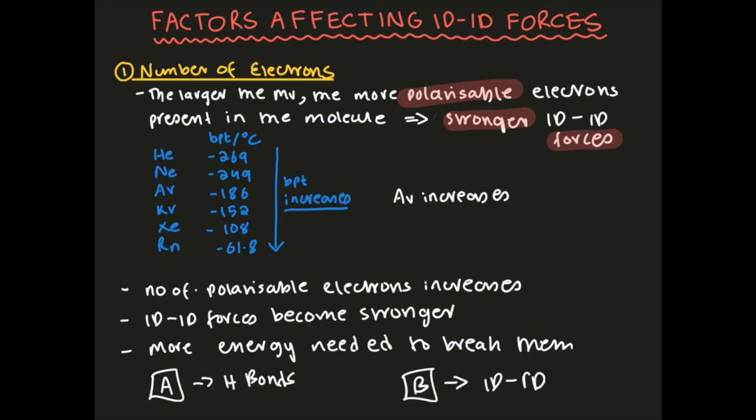So it's going to take more energy to break these, which is why the boiling point of substance A is going to be higher. And for this one, the boiling point will be lower. So this is an example of one factor that affects Id-Id forces and also an example of how intermolecular forces affect one physical property, which is the boiling point.